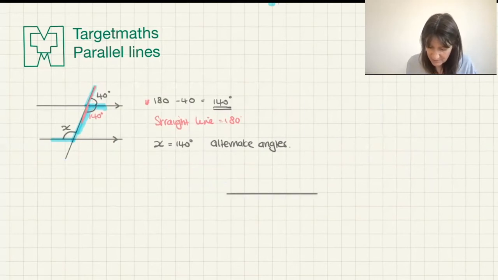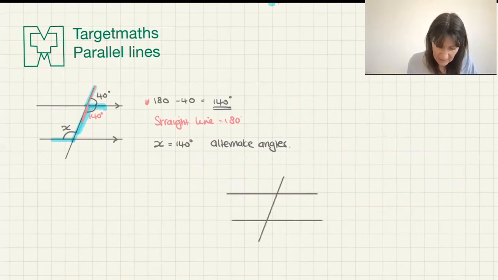So let's just draw this one in again. We were given 40. We were asked for that. So I did a straight line going down. I could have done a straight line going across. So I could have gone here and said that was 140.